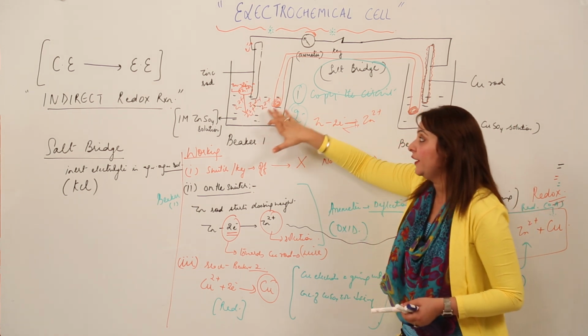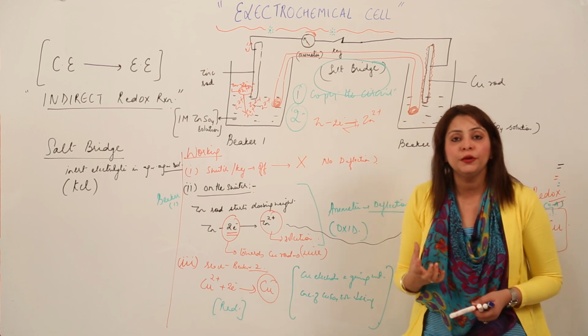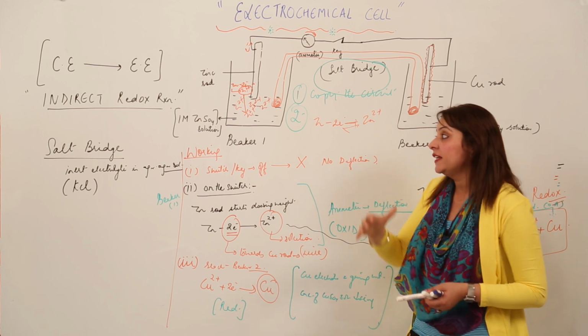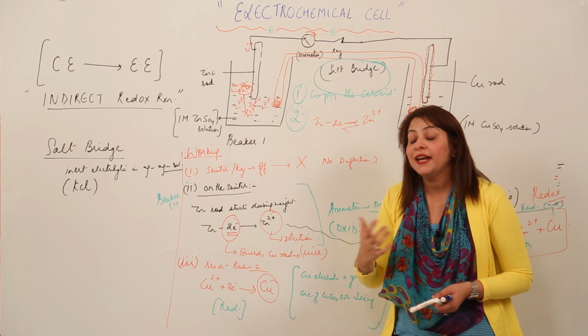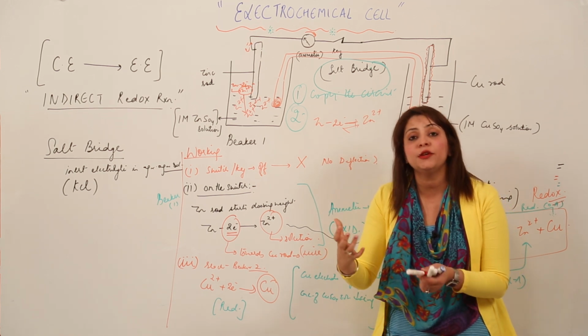As you know, there is so much positive charge, so they will not allow more positive charge to be formed. So they will prevent the oxidation, right? And if the oxidation is prevented, there will be no electrons formed, and if there are no electrons formed, the production of current will stop.